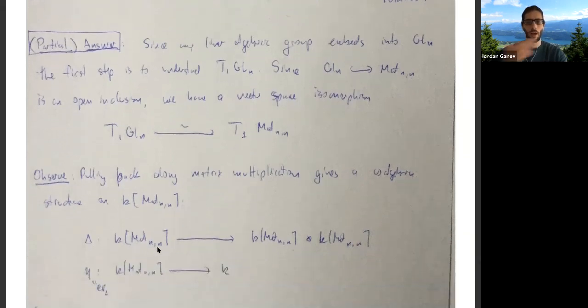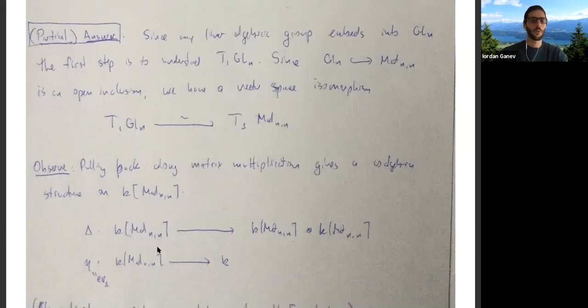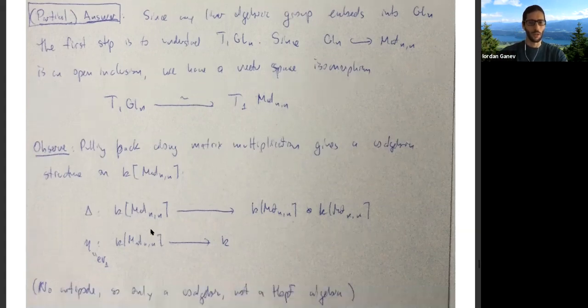Matrices have a multiplication structure, and that gives a co-algebra structure on the affine algebra of matrices. So we have a coproduct map and a co-unit map, which is evaluation at identity. But the difference is that we have no antipode, because there's no inverse map of matrices in general.